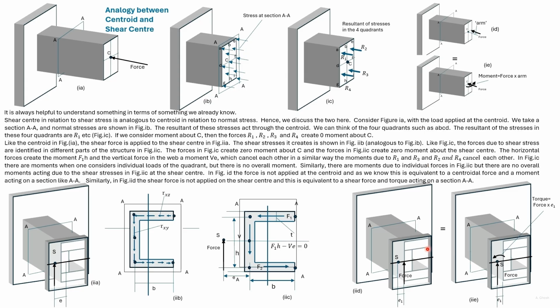Similarly, consider a case where the shear force here is not applied at the shear center but at a distance E1 from the shear center. Then the section AA will be subjected to both a shear force and a torque.